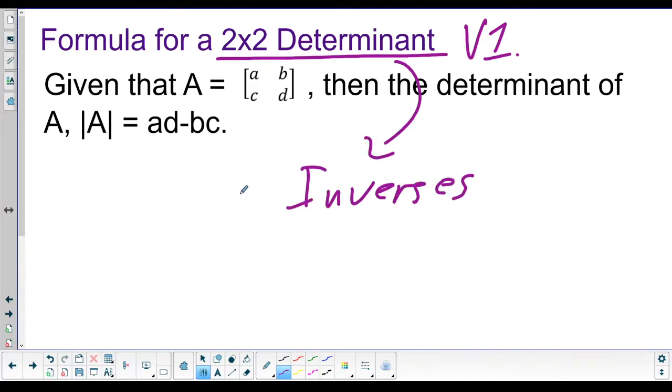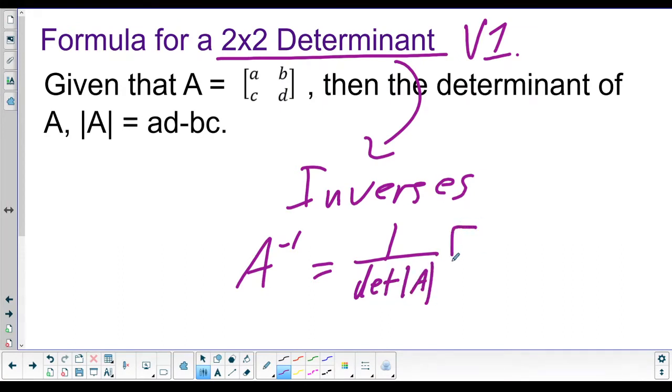And the formula for the inverse of a matrix is as follows. The inverse of a matrix, if it exists, is 1 over the determinant of A times the matrix D, minus B, minus C, A. And that's how we find inverses.